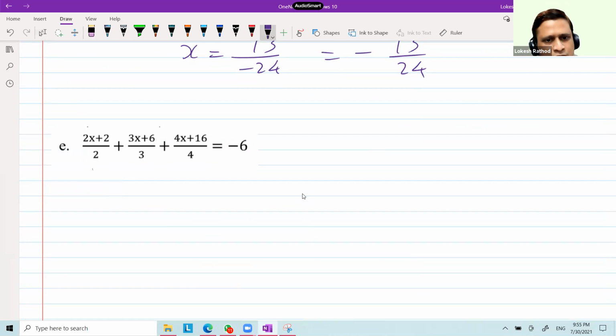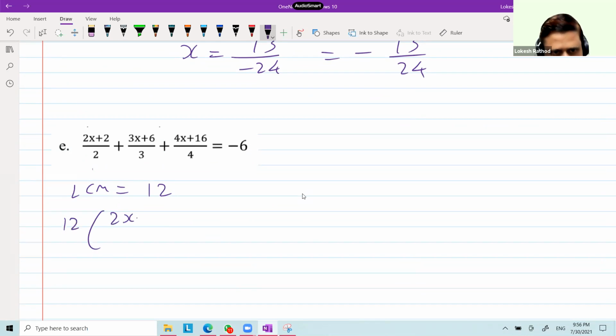The denominators are 2, 3, 4. What is the LCM of 2, 3, 4? 12. Correct. So you multiply each term with 12.